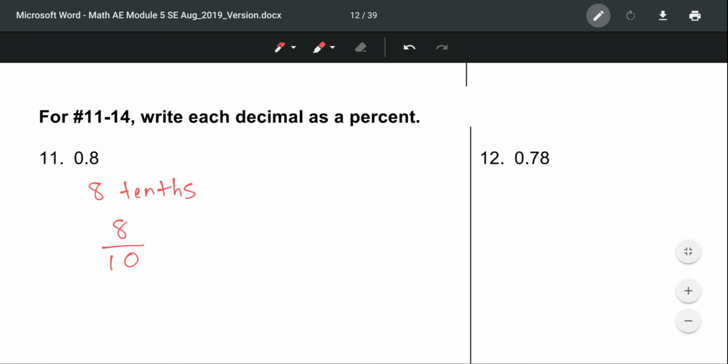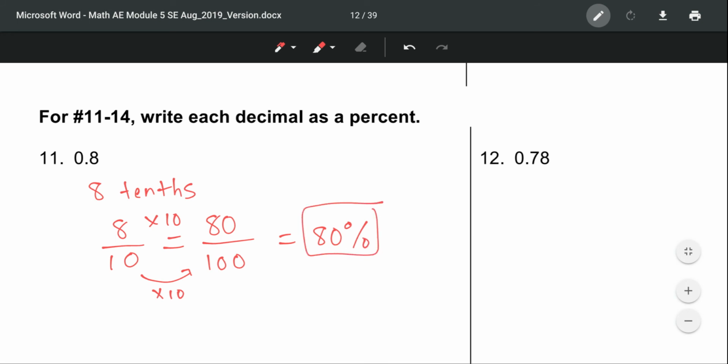Which if we want to convert it to a percent means out of 100. So if we multiply 10 times 10, we get 100, so 8 times 10 would be 80. So 80 out of 100 is 80%.